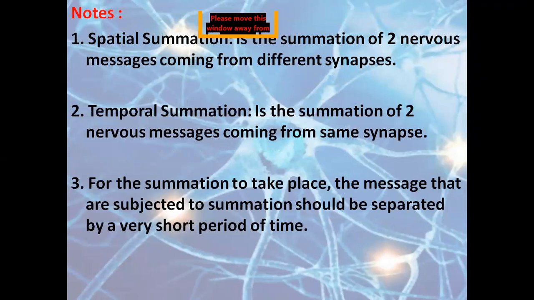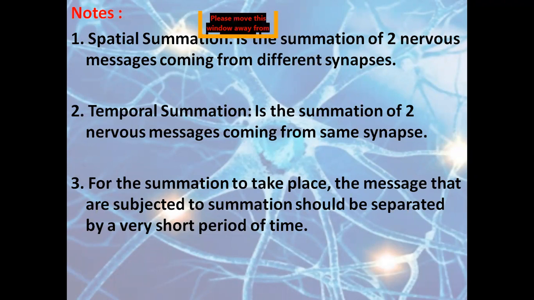Difference between the spatial and the temporal. Spatial summation is the summation of two nervous messages that come from different synapses. Whereas temporal summation is the summation of two nervous messages that come from only one synapse, the same synapse.